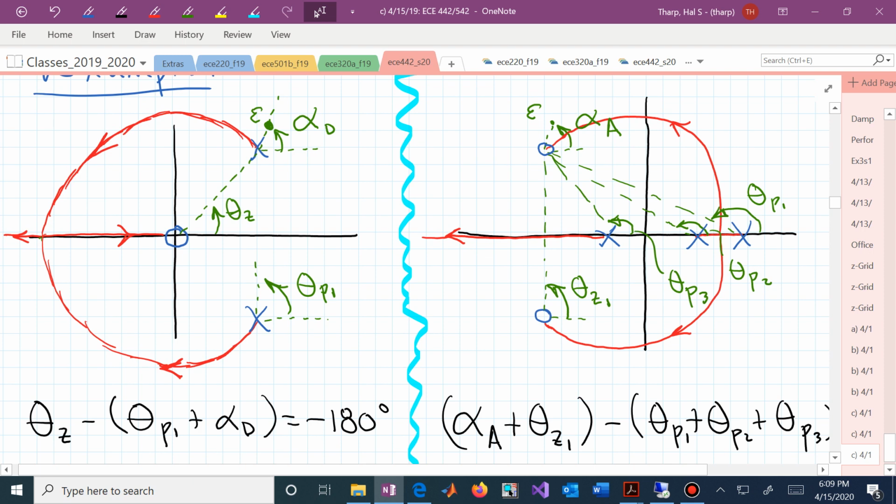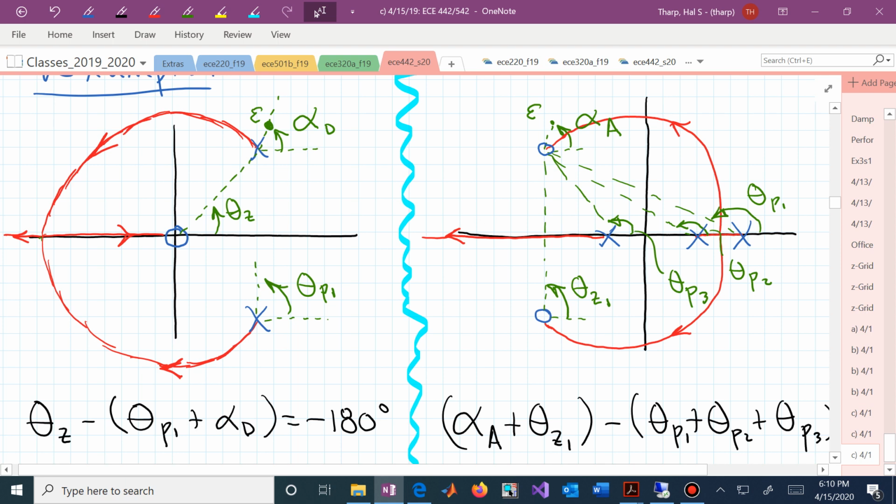Now that angle to go from the pole in the fourth quadrant up to that point epsilon that is supposed to be on the root locus, that's going to be 90 degrees. The angle from the zero at the origin to that point epsilon, which is very close to the pole, so it might as well be at the pole, I can now compute that angle, theta sub z.